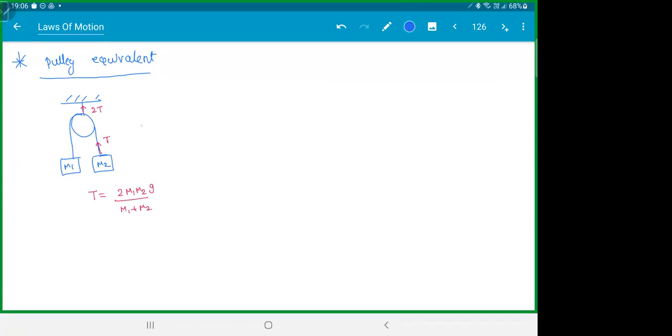That means if you want to replace this whole setup with a block whose mass is M equivalent, the tension here also should be equal to 2T. So 2T should be equal to M equivalent into G. So this would be 4M1 M2 G by M1 plus M2.